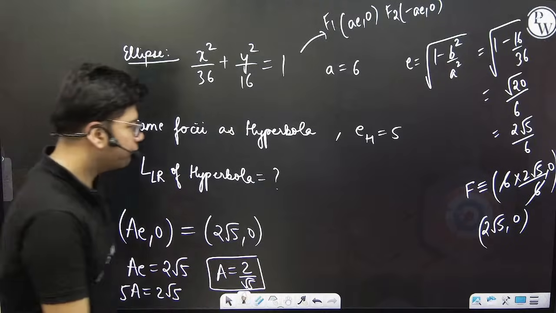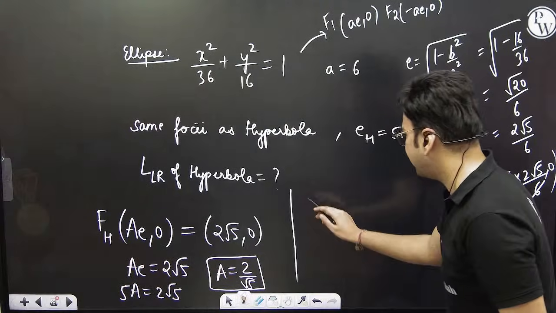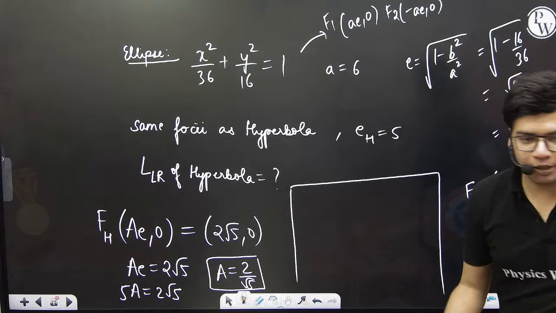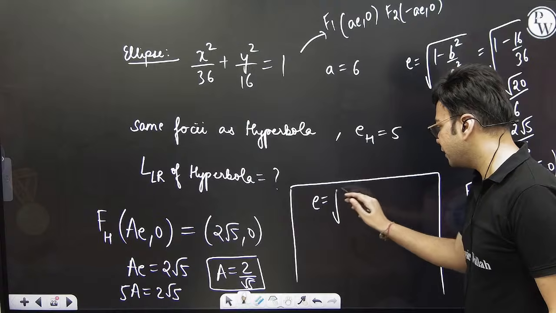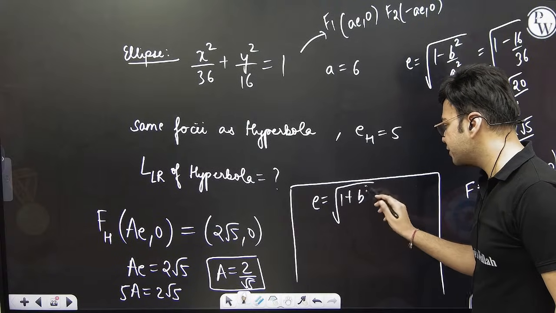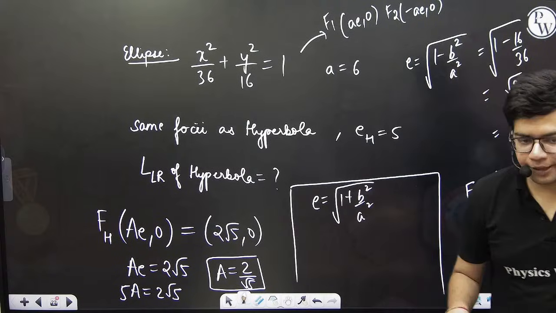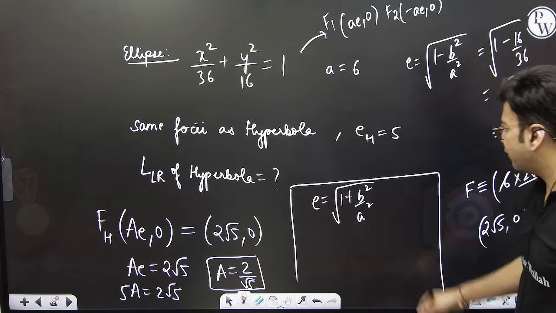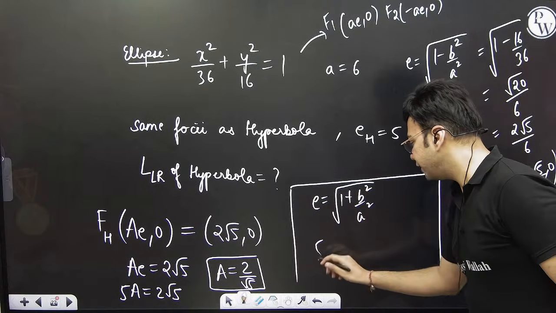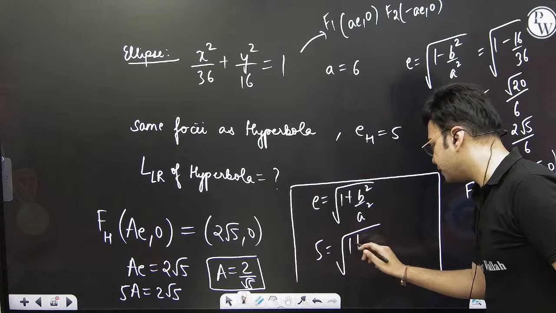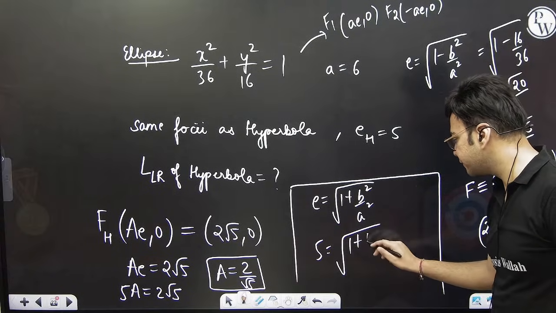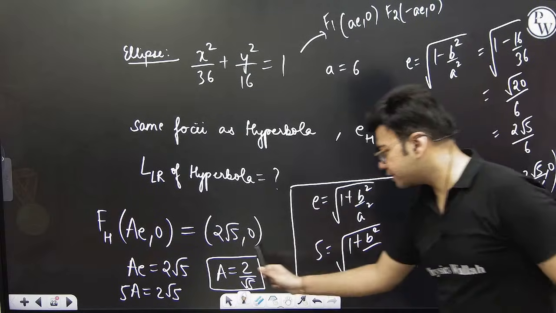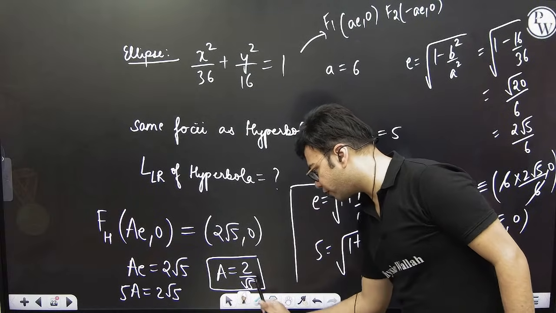Now once you have the value of A, in the same fashion, you can calculate the value of B also. So now eccentricity of the hyperbola can be written as under root of 1 plus B square by A square. Right? So eccentricity is already given as 5. 5 is equal to under root of 1 plus B square upon A square. So A square will become 4 upon 5.